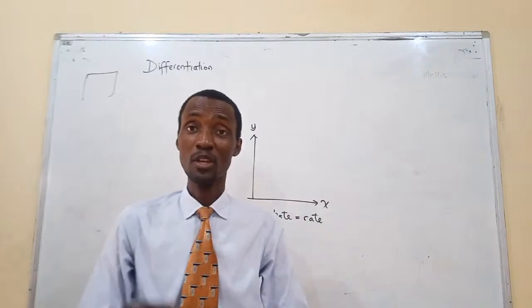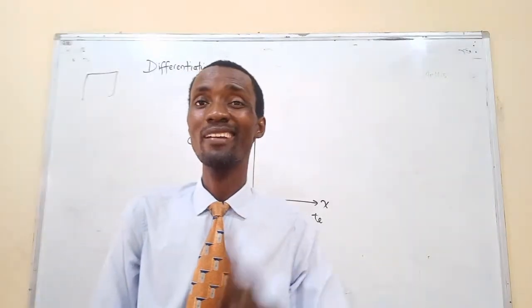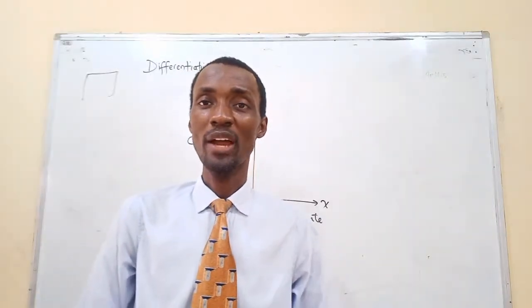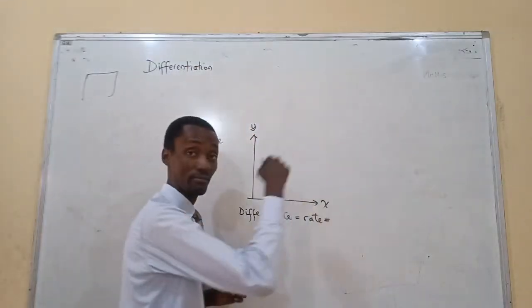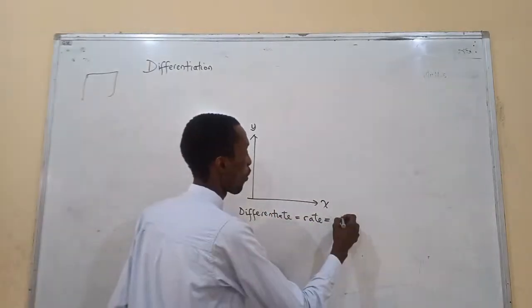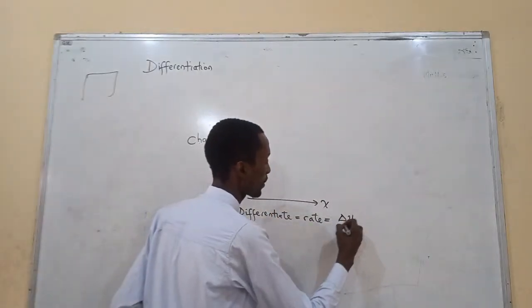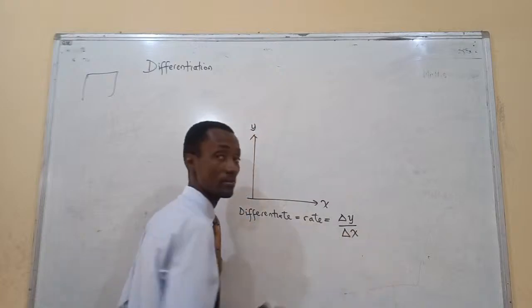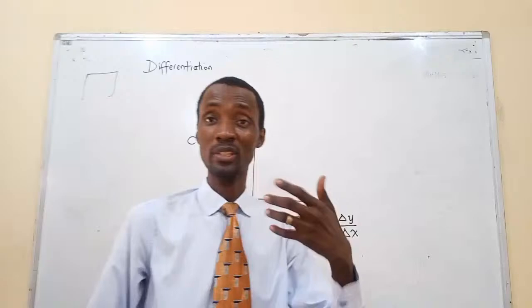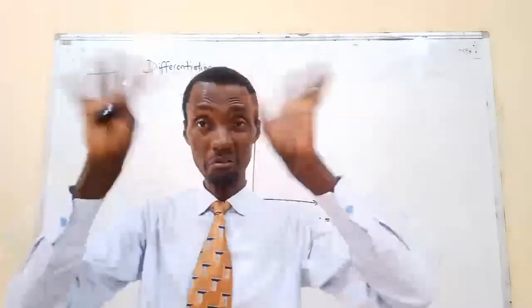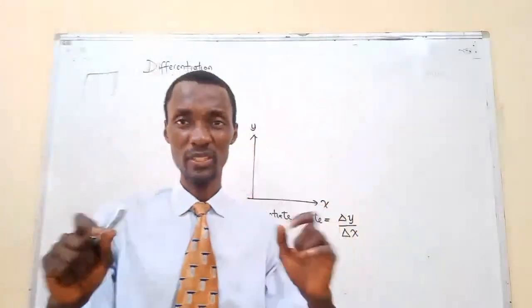It's a rate because from your arithmetic you have been taught what is called rates. What is rate? We are relating two different quantities. So differentiation becomes a measure of rates that describes what is happening in Y over what is happening in X. So we can say one word that helps us to understand differentiation on the surface is rates.